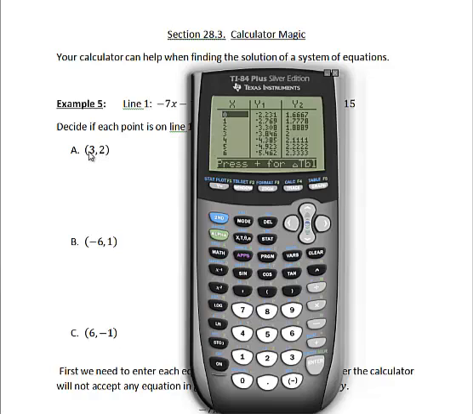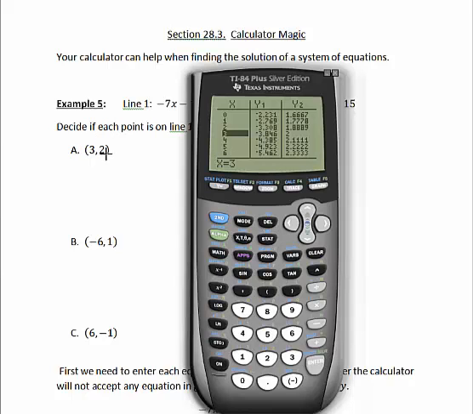So our first one is x equal 3, y equal 2. In the x column, we scroll down to x equal 3, and we look at the y coordinates of y1 and y2. This is line 1, this is line 2. Well, their y coordinates do not match, and so these two lines do not share the ordered pair 3, 2.